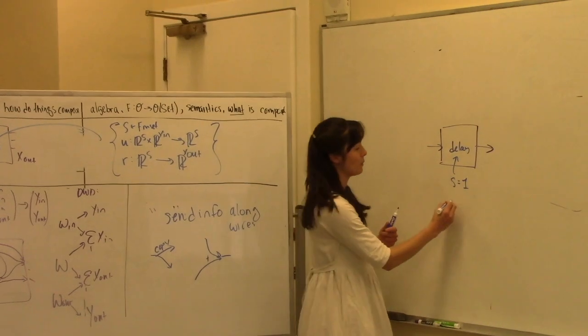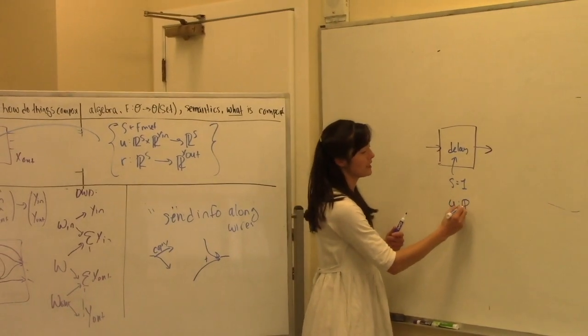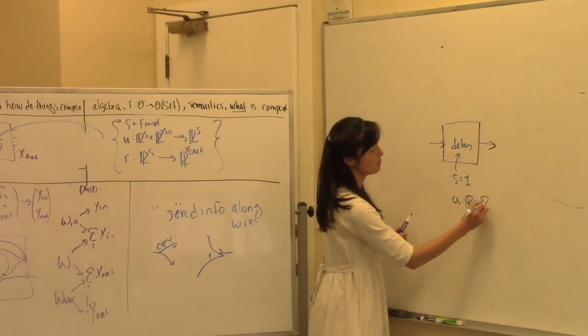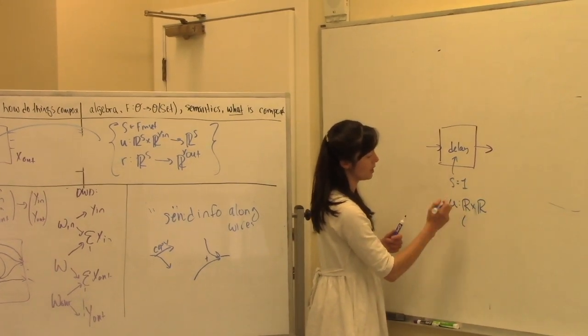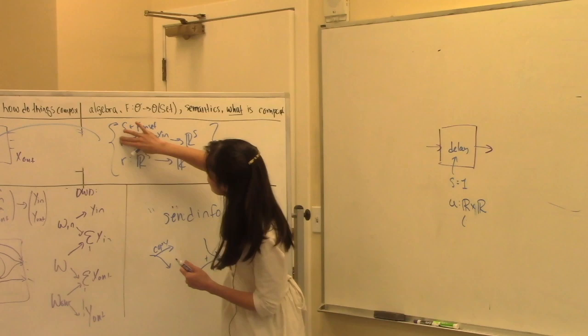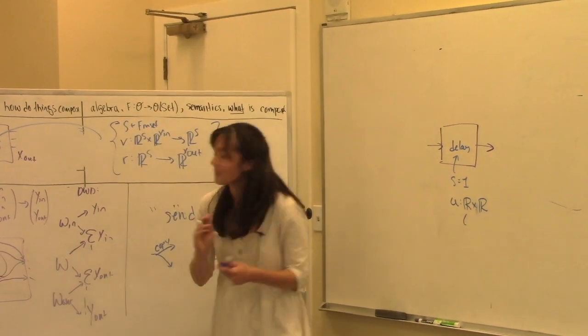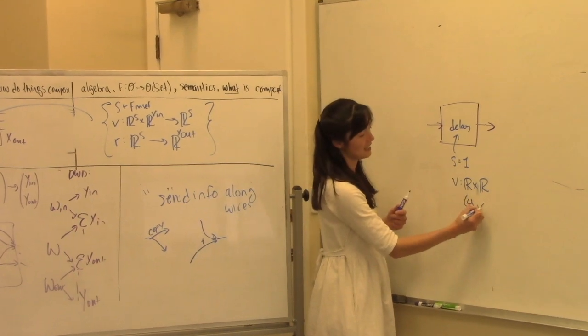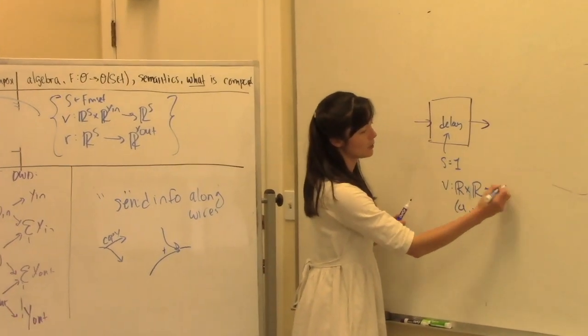I have to tell you what the update is, which goes from a state and an input. I like to use U for my state, so I'm going to call the input V. Given a state and an input, I need to give you a new state.